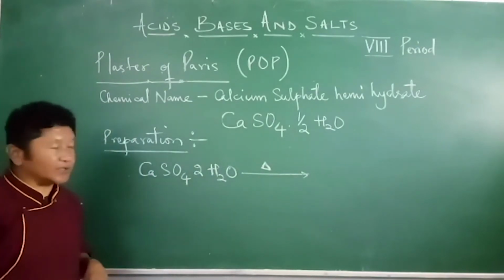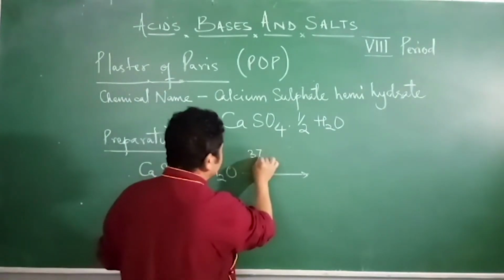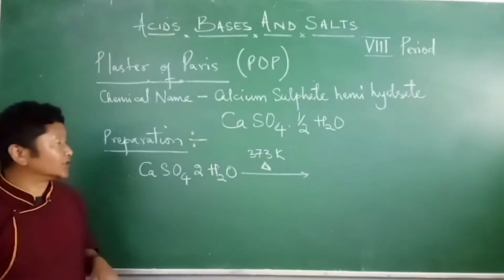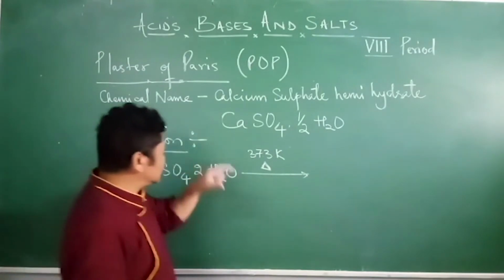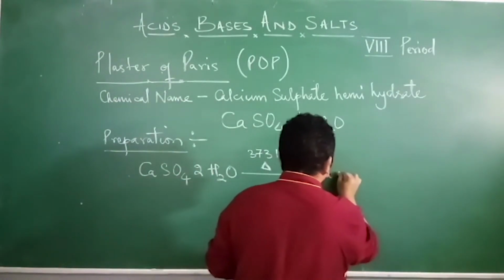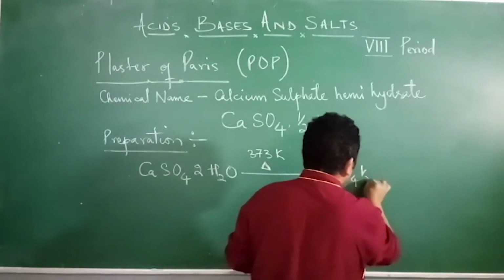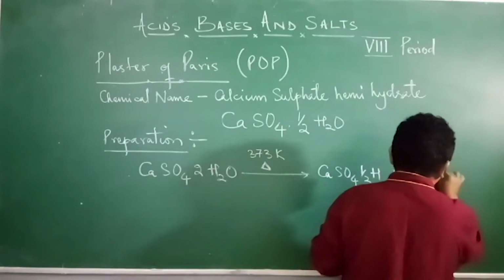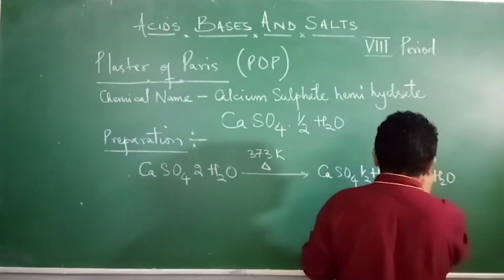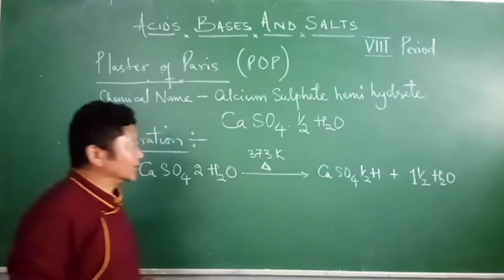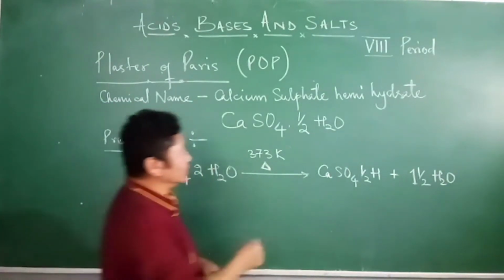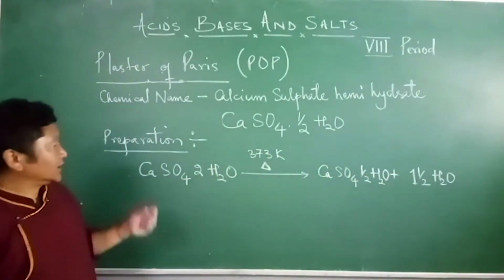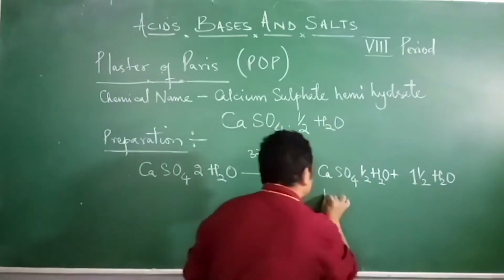When you heat this gypsum at a temperature of 373 Kelvin, it will get converted into calcium sulfate hemihydrate plus 1.5 water molecules, H2O. And this is called plaster of Paris.